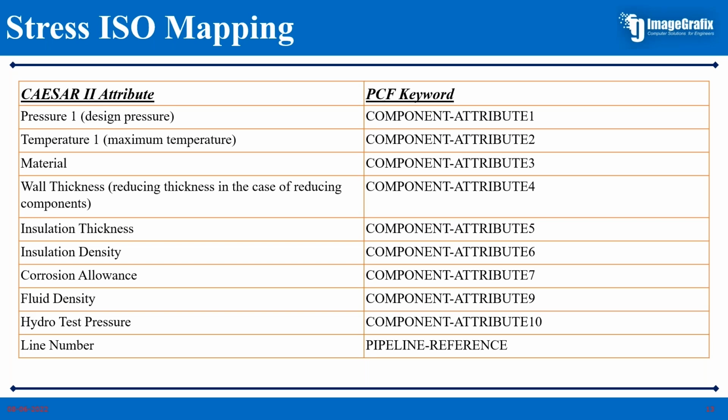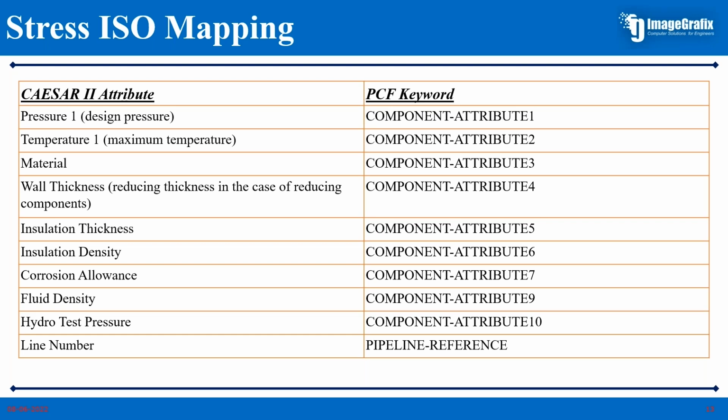When I go for PCF mapping, whether I go for my basic PCF import or the advanced PCF import, I have two types of PCF mappings. One is called stress ISO PCF mapping. The other is called super ISO PCF mapping. Since CADWorx, CAESAR II, everything came under a single family from Coade till now to Hexagon, the super PCF will hold good for CADWorx to CAESAR II.